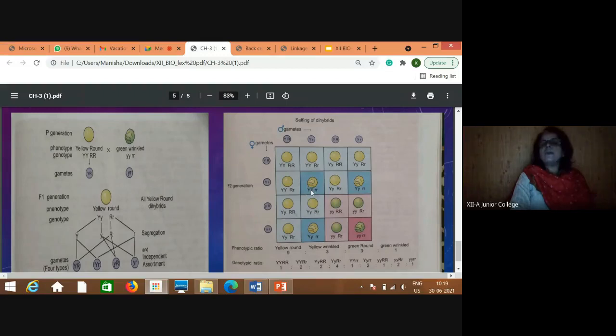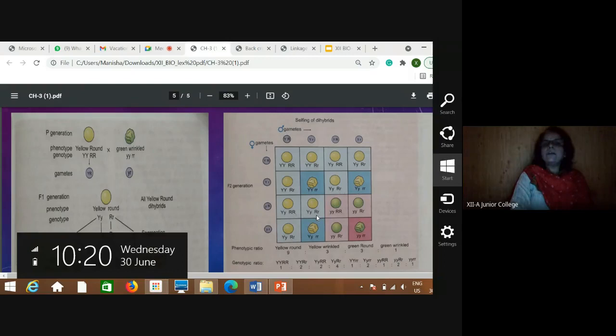So what is the phenotype of this seed? This is yellow and wrinkled. Then how many yellow and wrinkled? Here also yellow and wrinkled, 2. And then the third one, yellow and wrinkled. So yellow and wrinkled, which is not related to the original parents, is a totally new form, or you can say phenotype, which is produced.